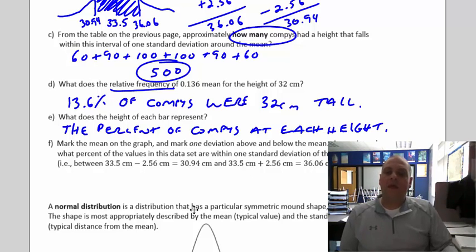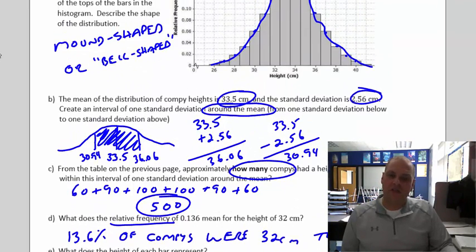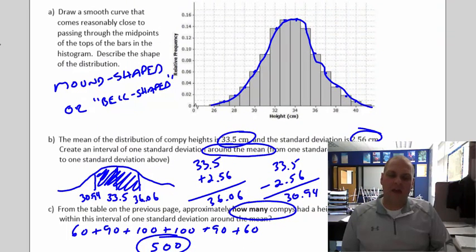All right? And they want you to mark the mean and 1 deviation above and below the mean on the graph. Approximately what percent of the values are within that deviation? It's easier to use a table actually, but let's mark it on the graph because it says to do that. So 33.5 is right here. This is 33.5. And then 1 deviation above, you got to add 2.6. So we said that was 36 or so, 36.06.